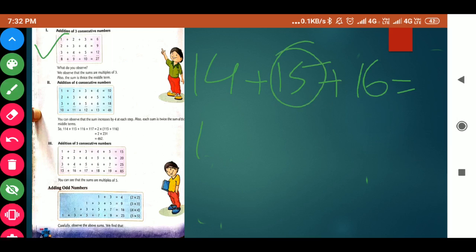Thrice means 3 times. So multiply 15 by 3. You will get answer 45. Or when you add these 3 numbers also, you will get the answer 45. So if you learn the addition of 3 consecutive numbers as a pattern, you can find out the sum easily.